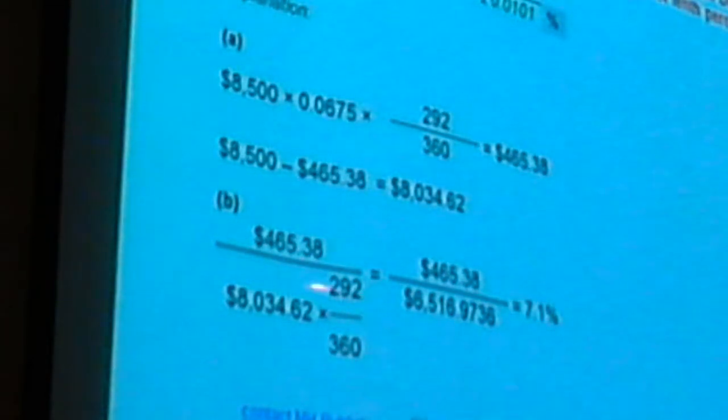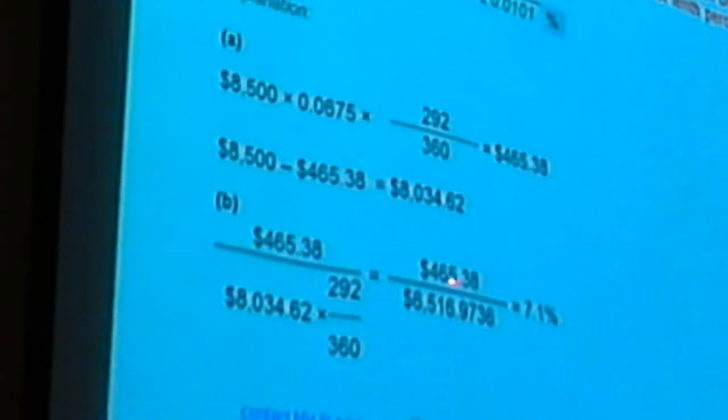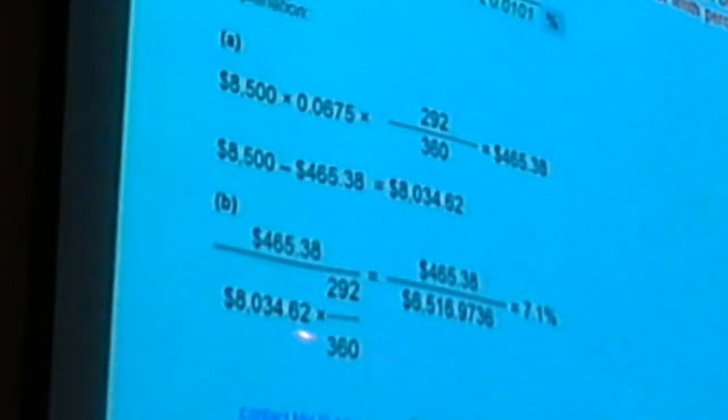It's too bad you don't have a comprehensive exam here. Okay, so anyway, what do you do first? This part, the bottom part first. Simplify that as much as you can. Get a result. And then 465.38 divided by that result. Right? Right. And that's what they did here. This is the result of this calculation.